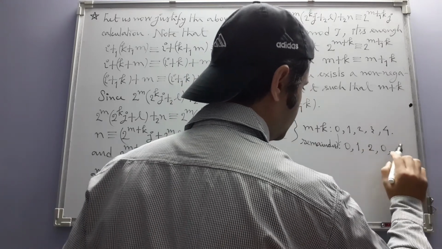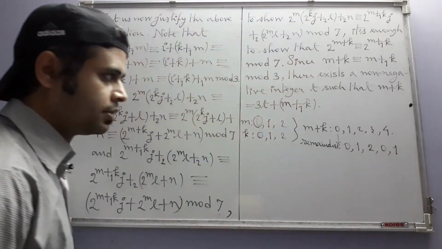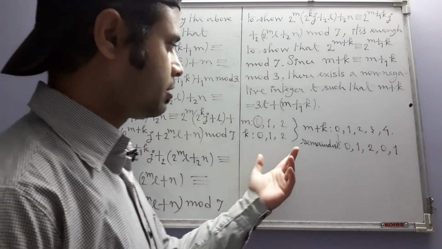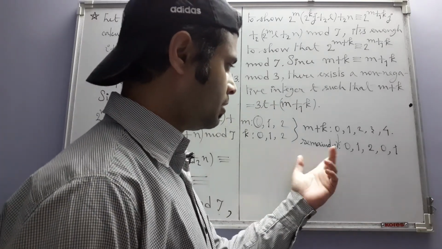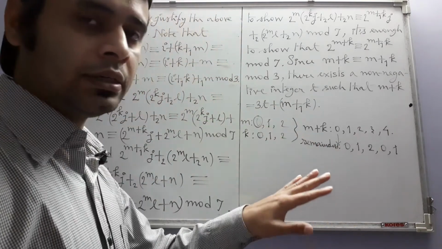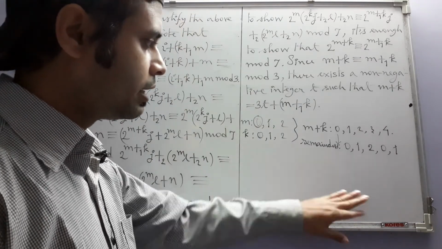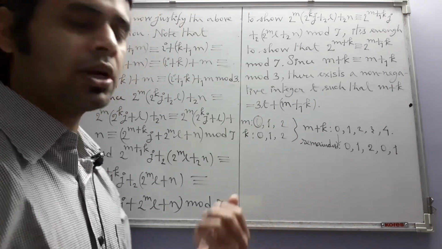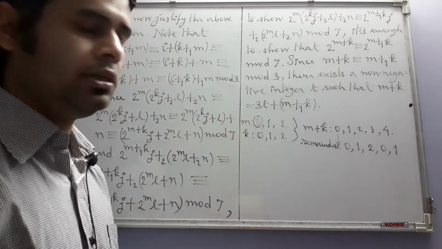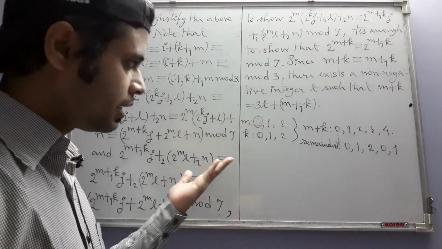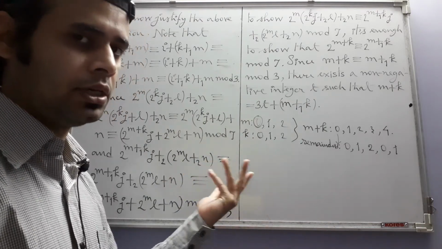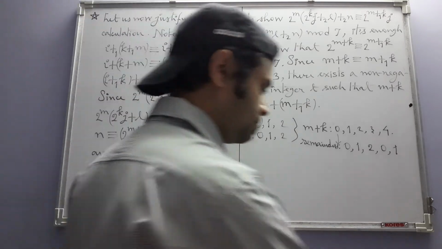Here we get 0 and here we get 1. So we see that the remainder in each case is less than or equal to m plus k. So that is why t is non-negative. Since there are only a few cases, we can just see like this.